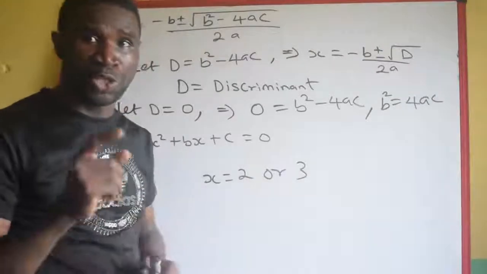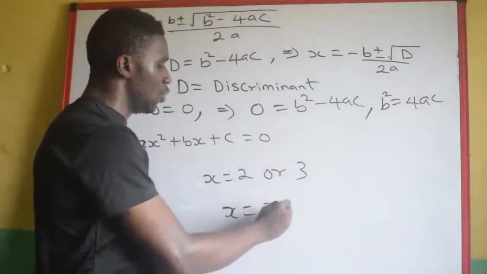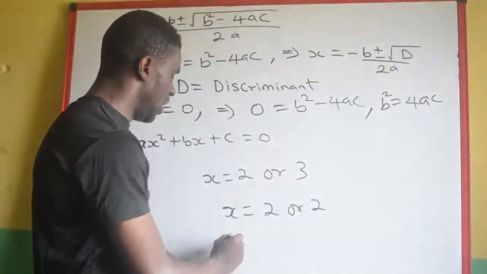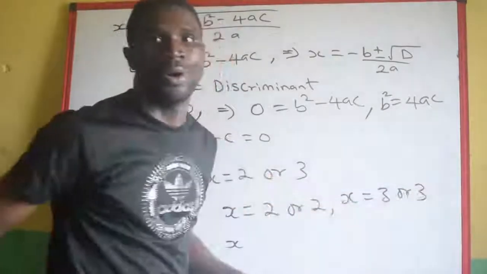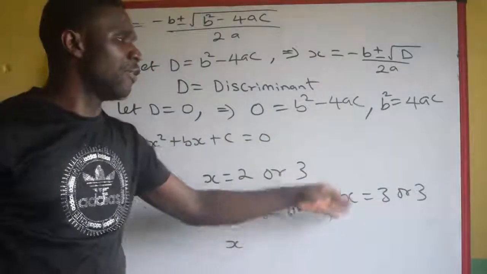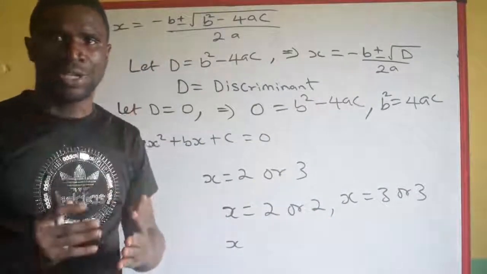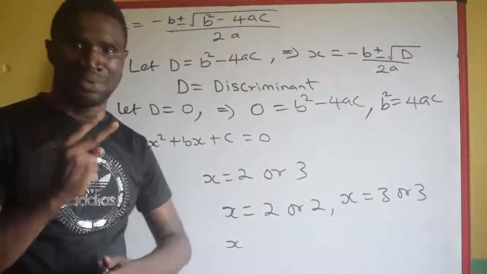If this quadratic equation is a perfect square, our x could be 2 or 2, or our x could be 3 or 3. So there is no two ways about this. If your quadratic equation is a perfect square, the answer that you get must have the same result.